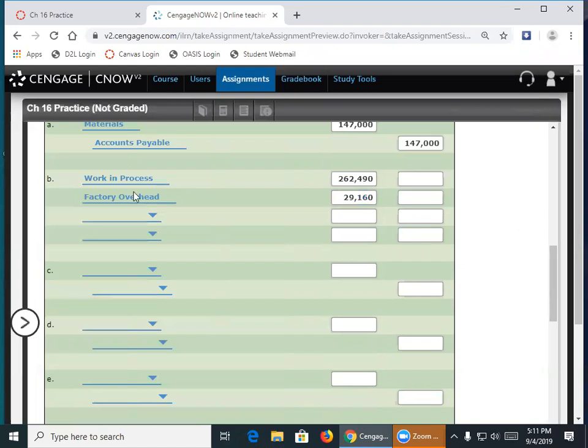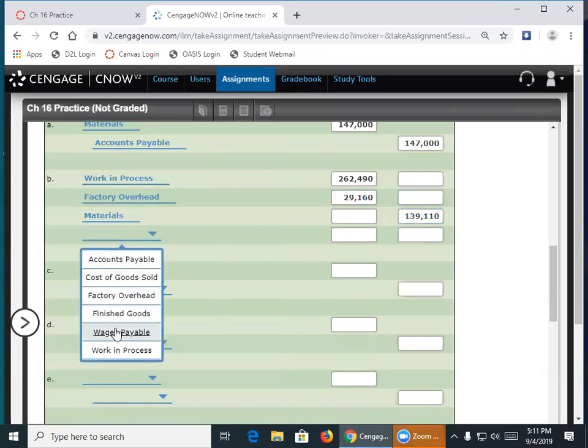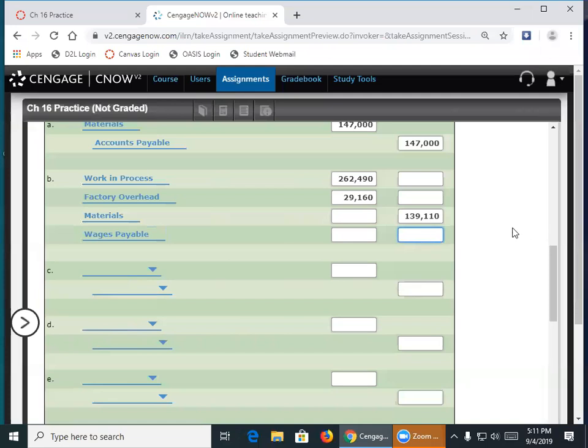And then we have a credit to materials of 139,110, and a credit to wages payable for 152,540. Are there any questions on that journal entry?